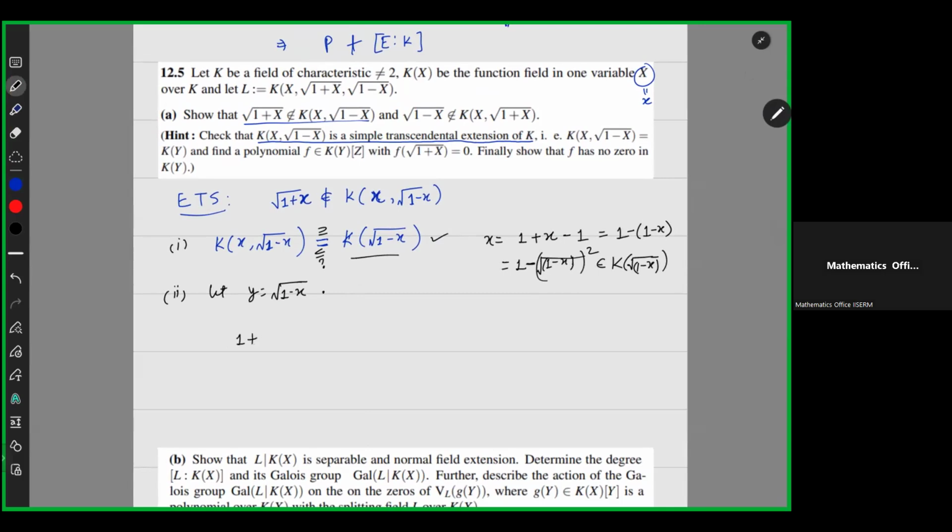1 plus x is equal to 1 plus x, which is 2 plus x minus 1.